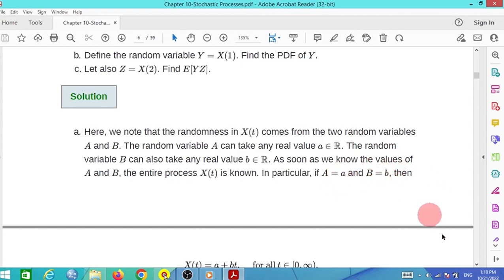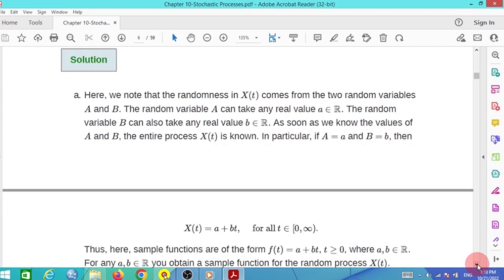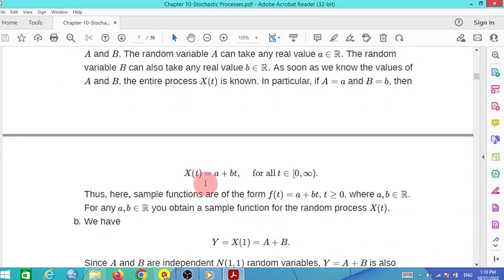Similarly for B, then X(t) equals a plus bt. This is a sample path. For each value of a and each value of b, you have a sample path. This is the general sample path.